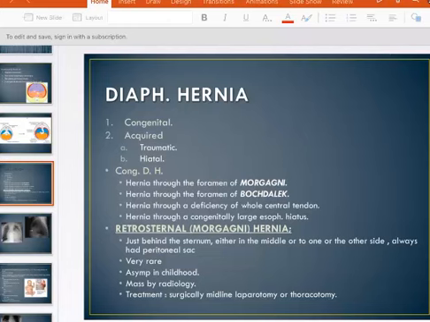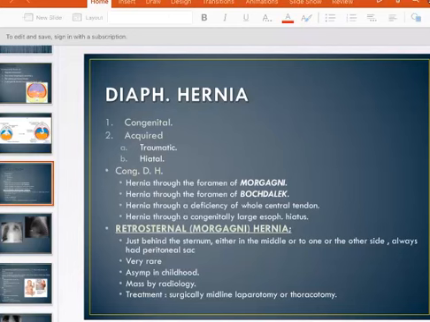The hernia through the foramen of Morgagni, this is below the sternum, behind the sternum. And hernia through the foramen of Bochdalek, and hernia through the deficiency of the whole central tendon.